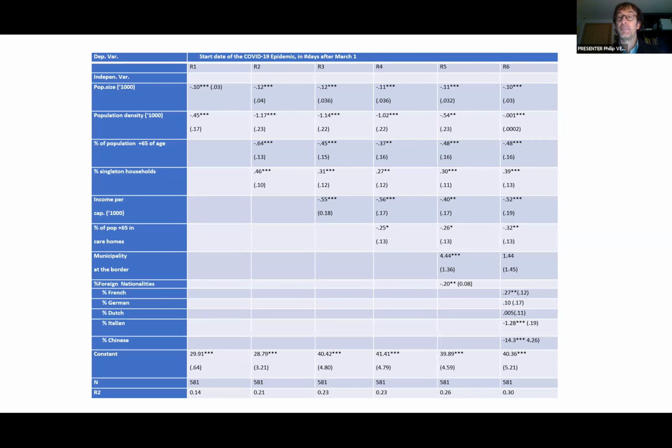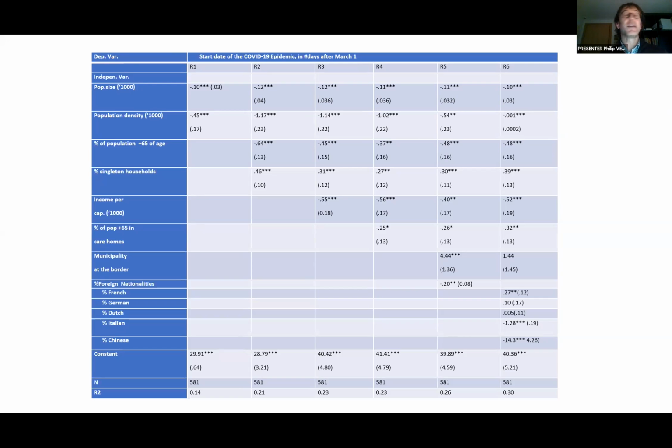I'm also looking at the percentage of foreign nationals in municipalities, and a higher percentage allows for an earlier spread in the community. When we look specifically at which nationalities are responsible, it is in particular a high share of Italians and also a high share of Chinese in the municipality that allow for earlier spread.